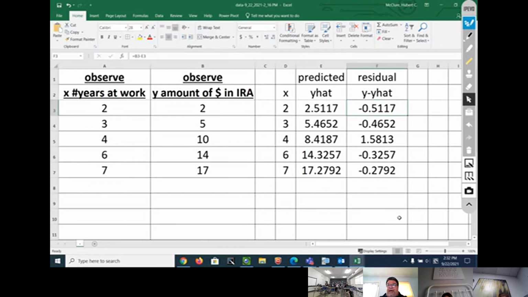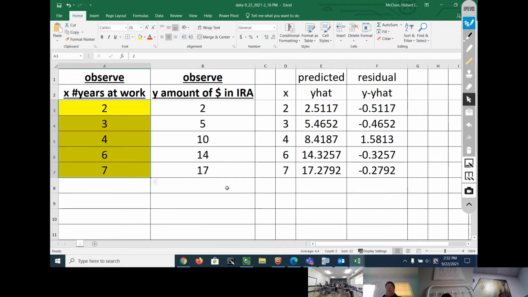Now, sometimes they will ask you to graph the residuals. So what do you do? Well, you use these X's right here. I will highlight those X's yellow. You will use these points right here and graph those points.